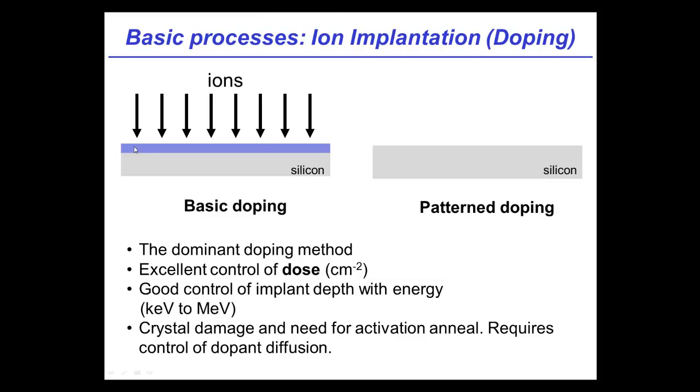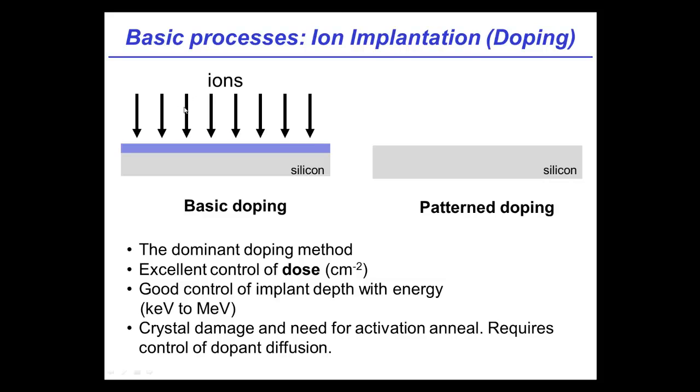And these ions now are therefore incorporated into the wafer. So the nice thing about ion implantation is it has extremely good control of the dose. In other words, how many ions we end up putting into a given region of the wafer. And it has pretty good control over how far they go, because it turns out how deep they go into the silicon depends on how energetic the ions were to begin with.